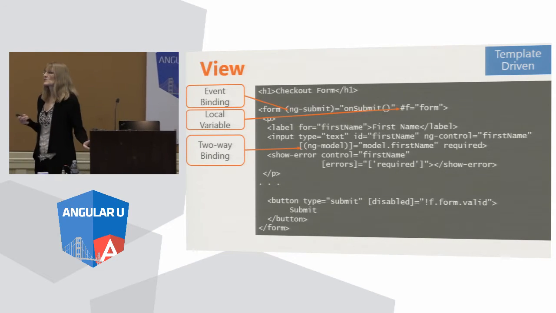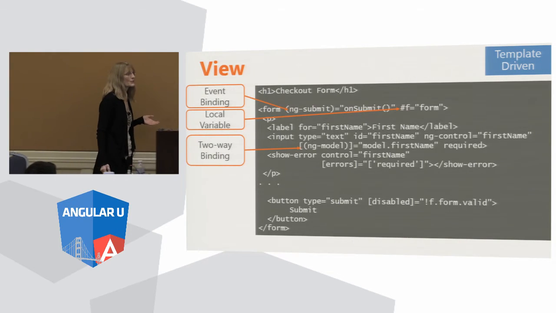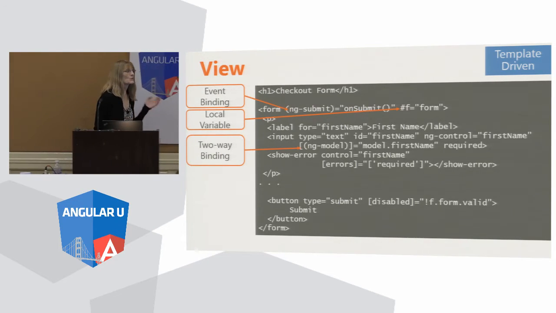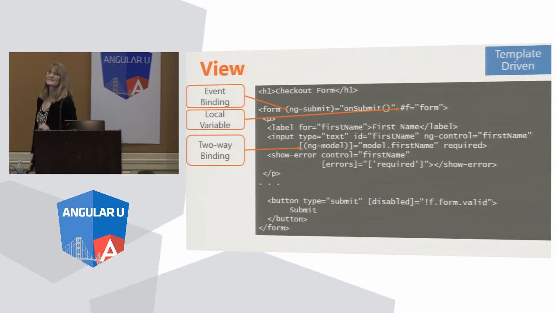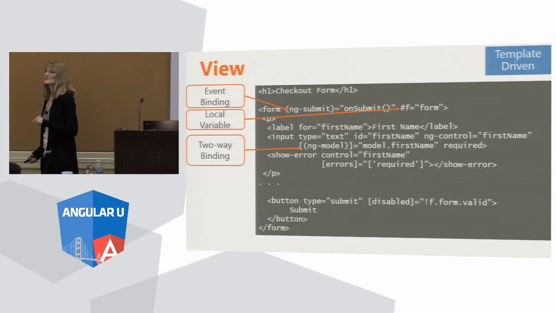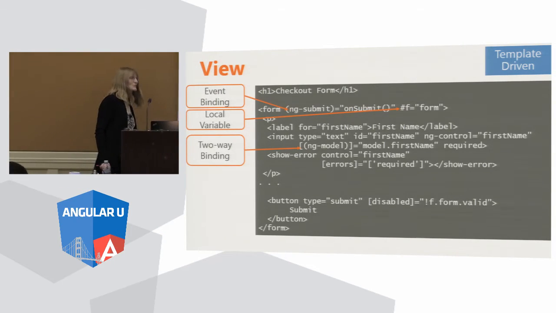Now, you may have heard someone on the Angular team say, especially if you watched any of the videos from NG Europe, that we will no longer have two-way binding. Technically, we no longer have two-way binding, but we have two-way binding.